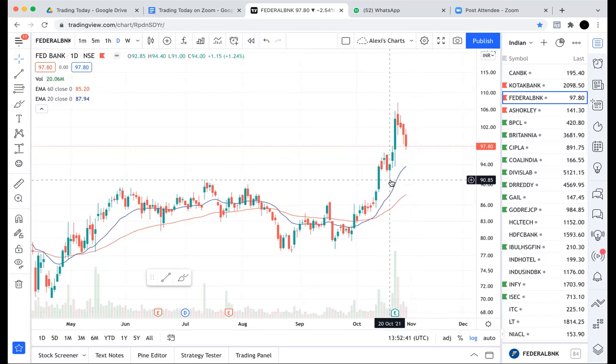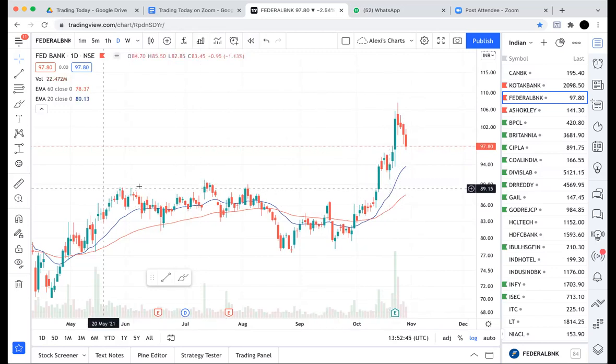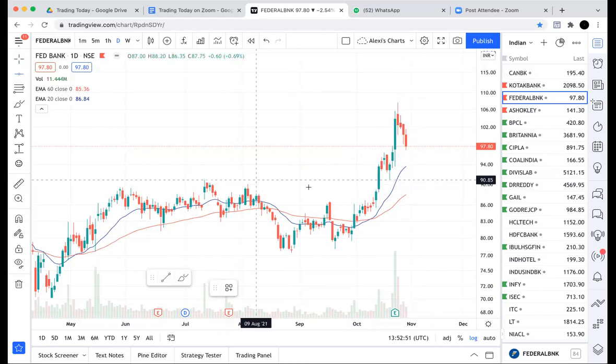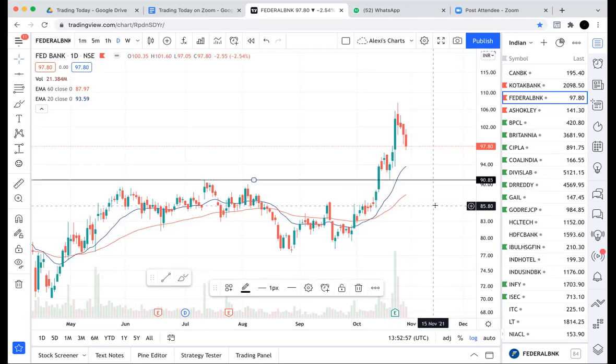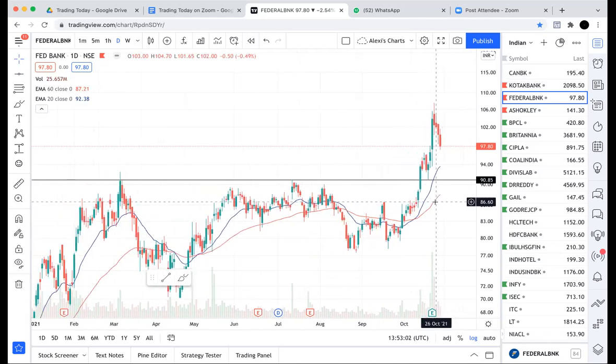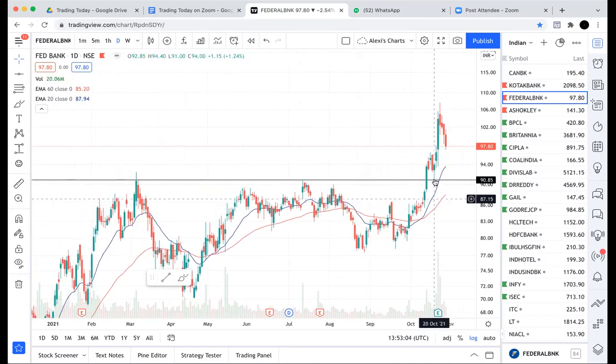It stopped right there. Now look to the left. See that same point? I'm going to draw a line using this horizontal line tool. This is where it looks like it would not allow it to go down further. So I drew a line right there. I place a black line right there. Look further back. So this is the most recent level for support and resistance.